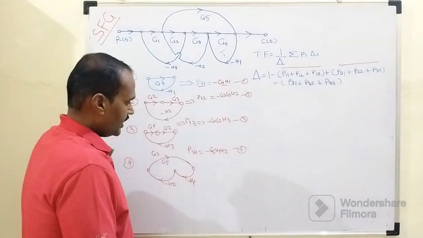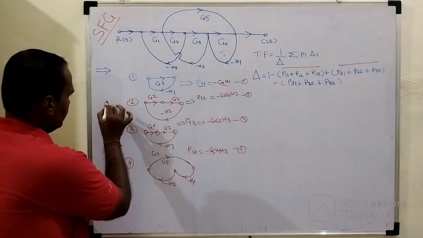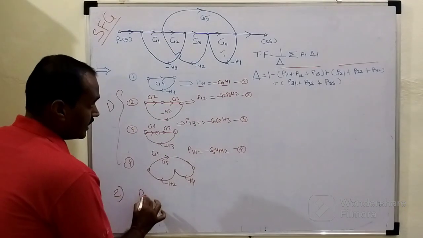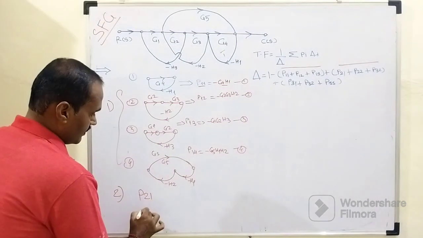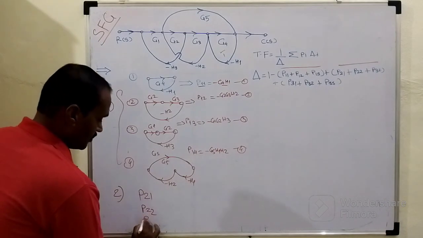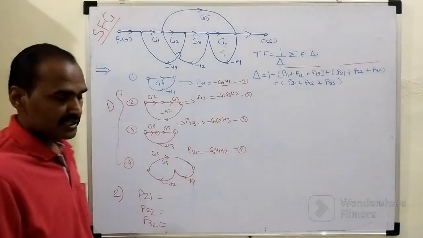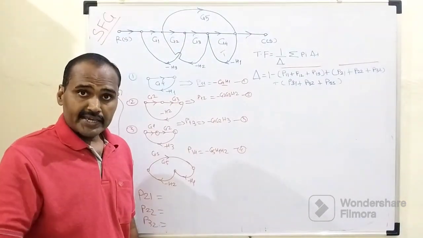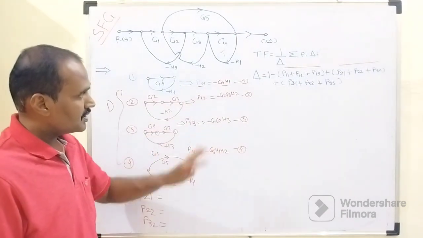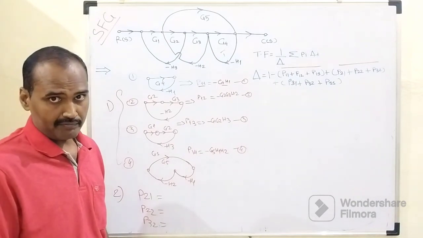So in the second step we need to declare P21 as well as P22 and P32. One by one we will try to declare. So P21 stands for what? It is the gain product of the first two non-touching loops. So for the sake of observation, we need to find out how many non-touching loops we are having with us, right?